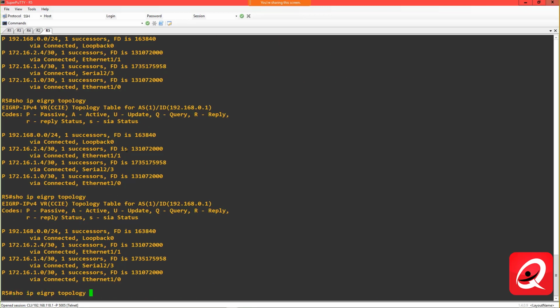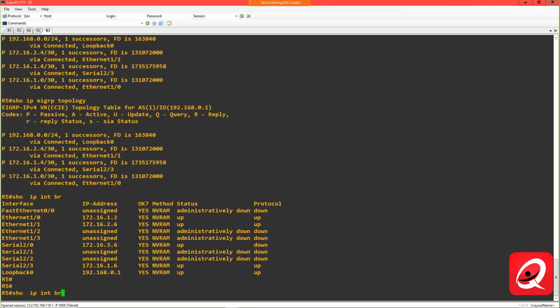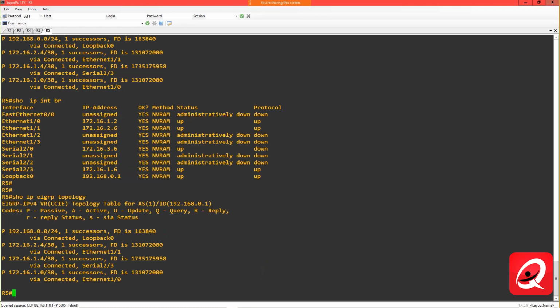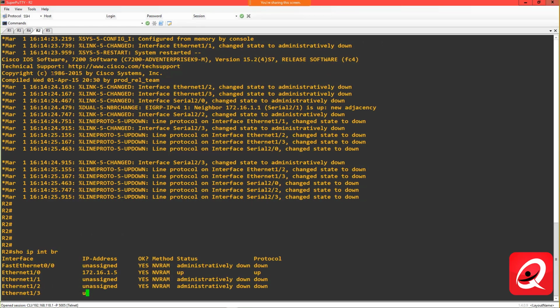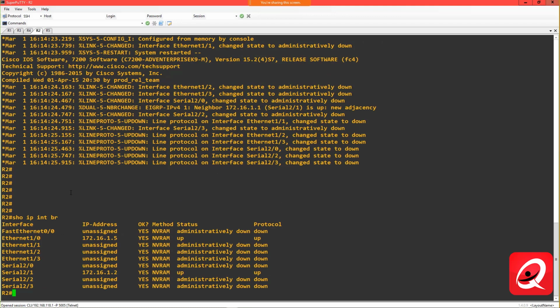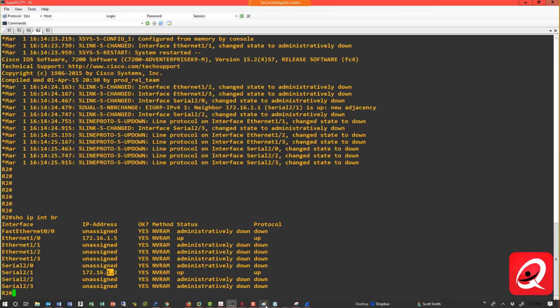Router 2, show IP interface brief. Yep, we've got all of our addresses here, but router 2 lost a few things. Let's see, Ethernet 1.0 and serial 2.1.